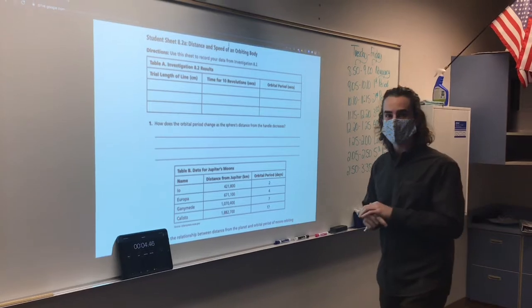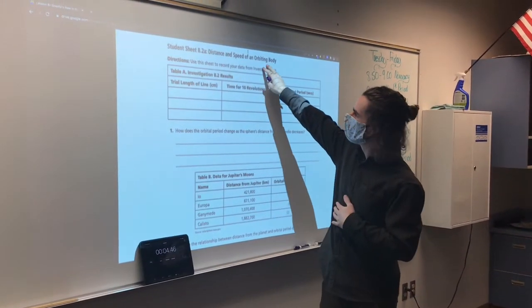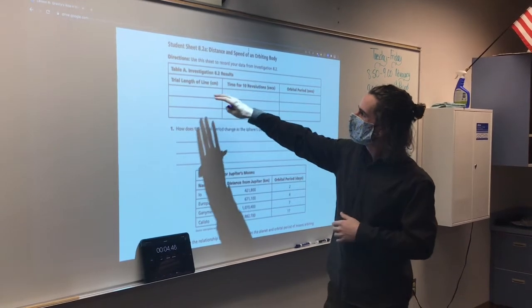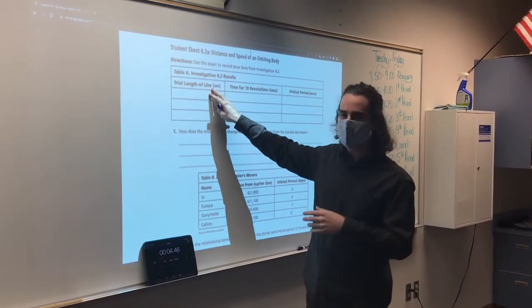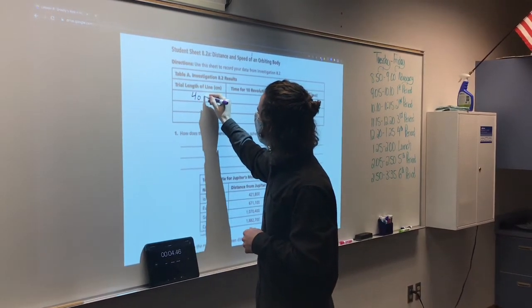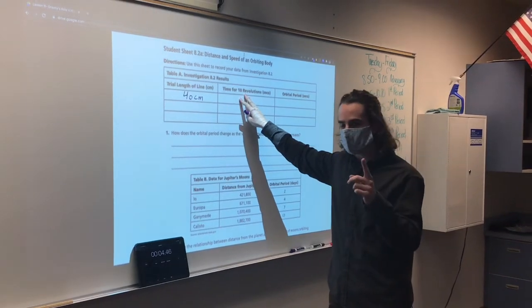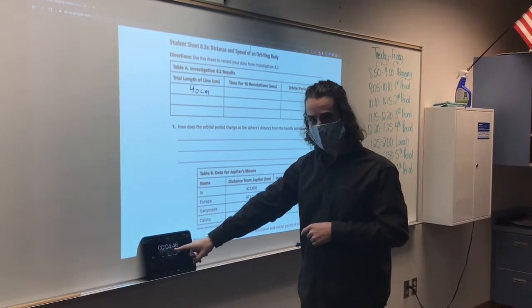All right, so now looking at our data table for 8.2, distance and speed of an orbiting body. The length of the line that Ms. Thompson was using was 40 centimeters. And the time it took for 10 revolutions was what we got on our stopwatch.